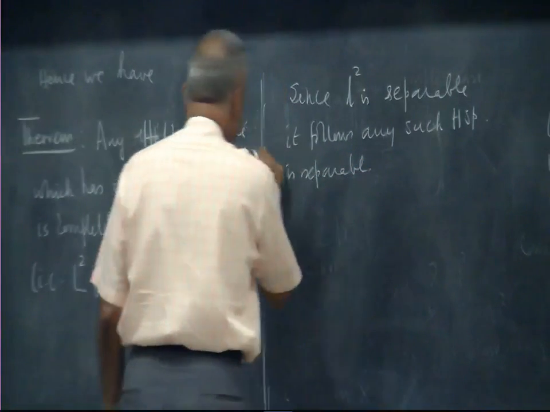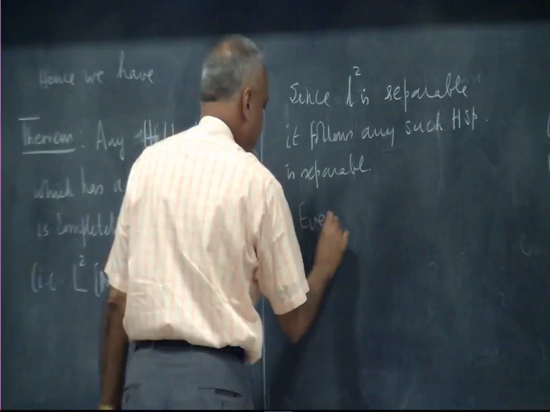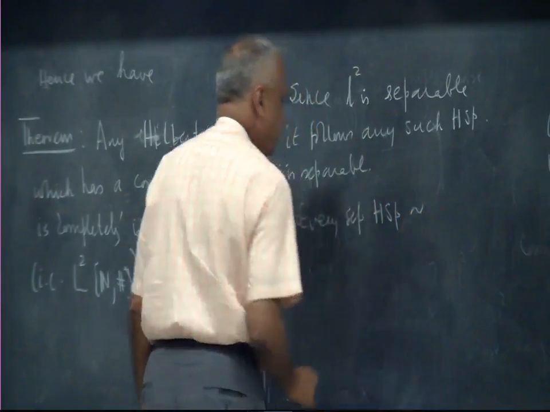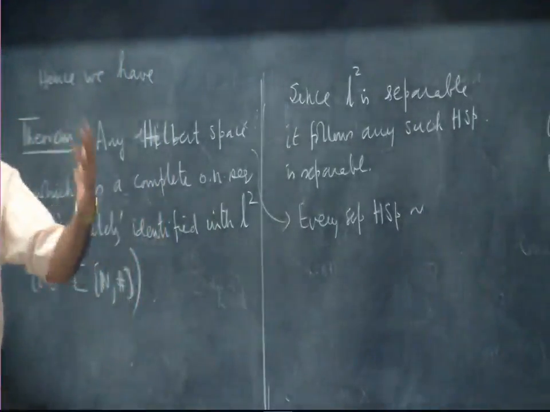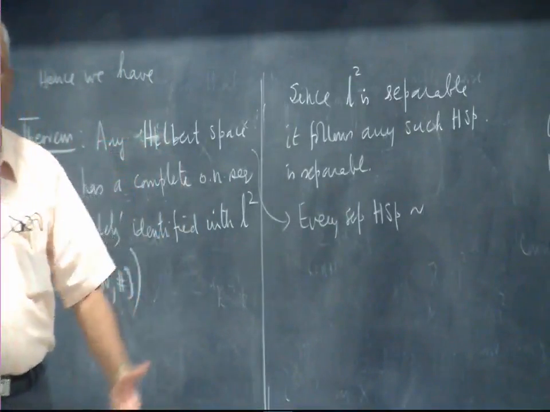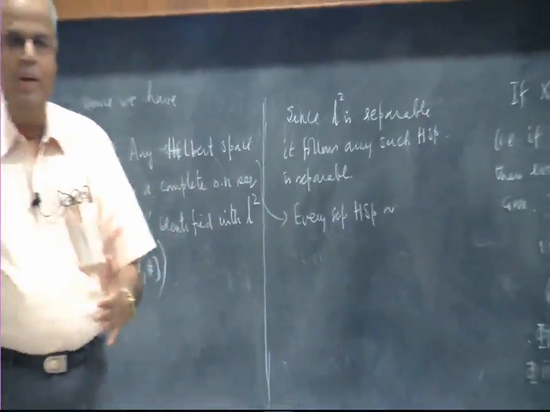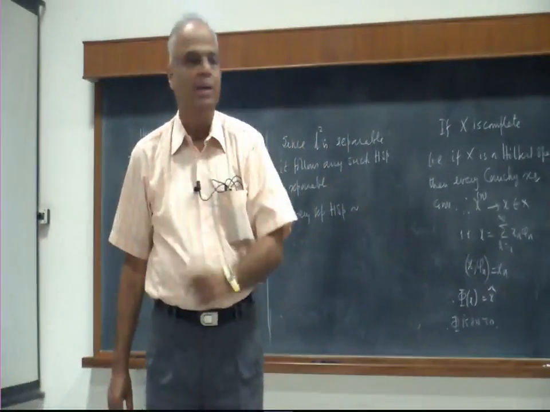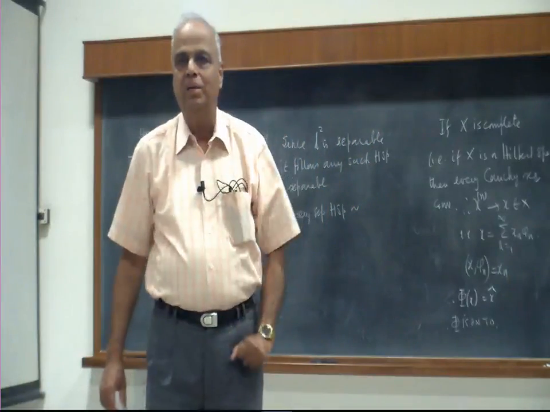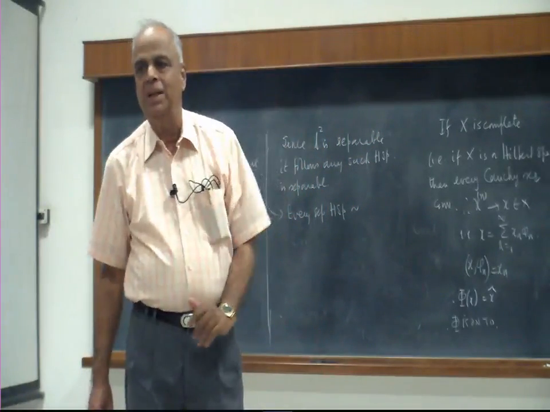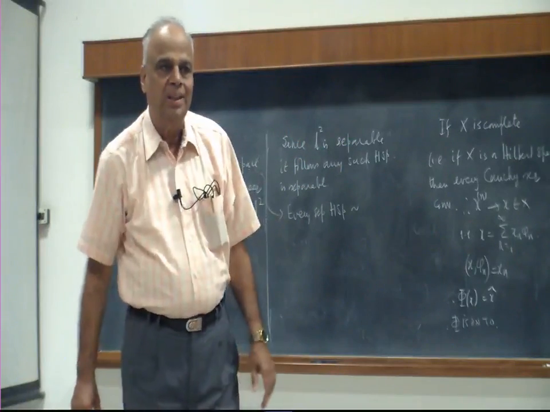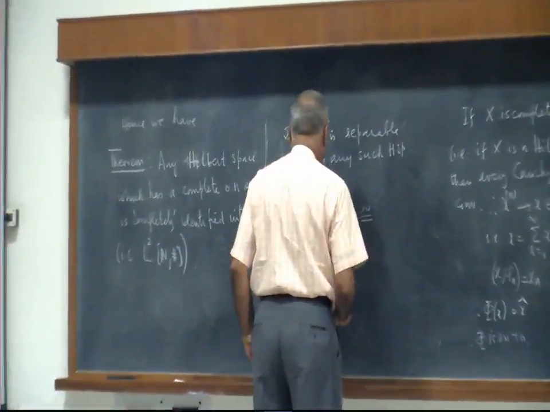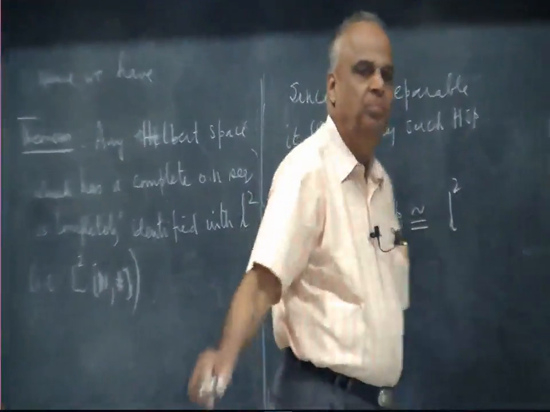So, this theorem can be stated as every separable Hilbert space is isometrically isomorphic, that is, identified vector to vector, the transformation is one-one onto. So, algebraically identified, topologically identified, metric wise identified, inner product wise identified. So, I will simply write it is completely identified with little L2.